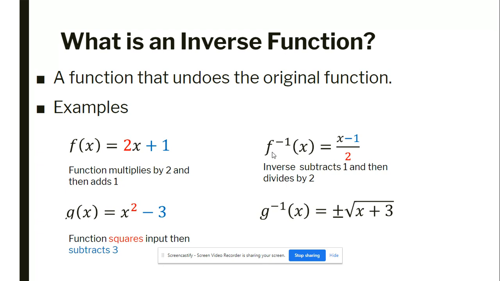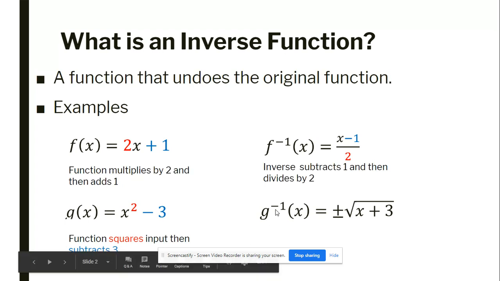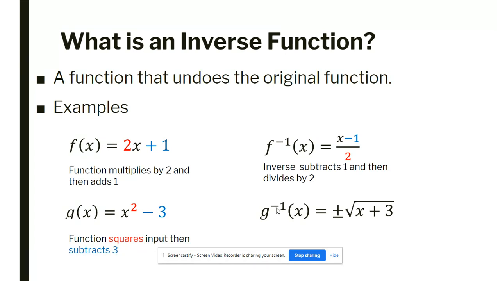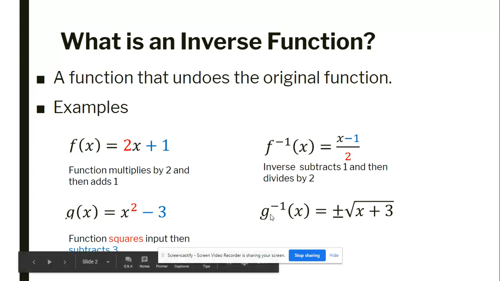If I see f to the negative 1 power, I know that means this is the inverse of the function f. G to the negative 1 power, they're not really exponents, but I'm using this verbiage to be really clear about what I mean. I know that that is the inverse of the function named g.